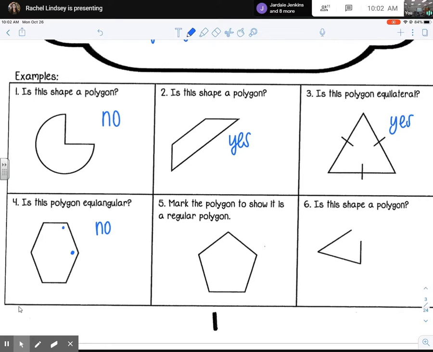On number 5, we want to mark the polygon to show it's regular. So if a polygon's regular, we know all the sides are the same, so we mark all the sides as congruent. And we have to mark the angles as congruent.